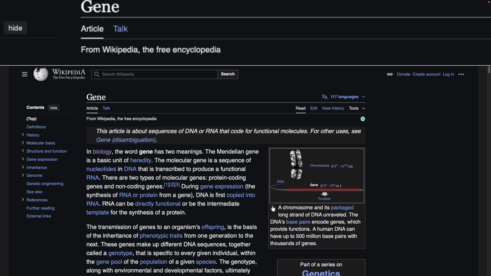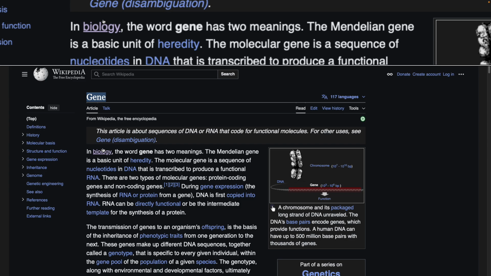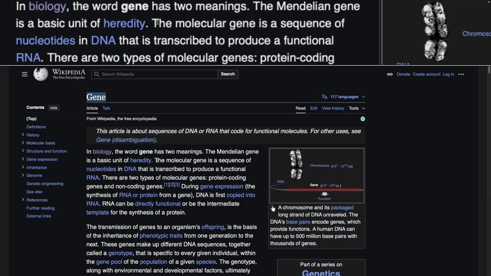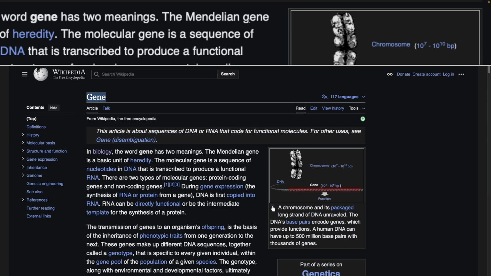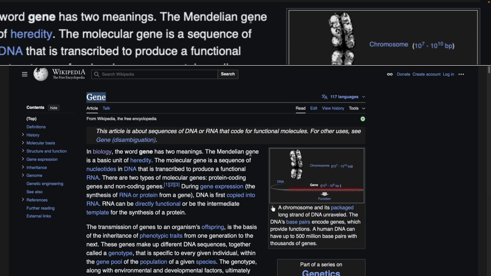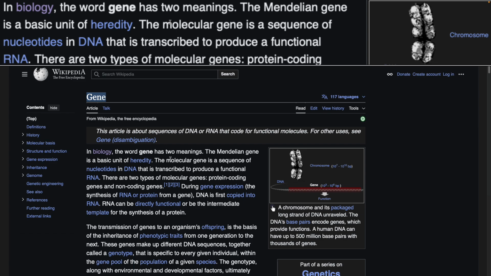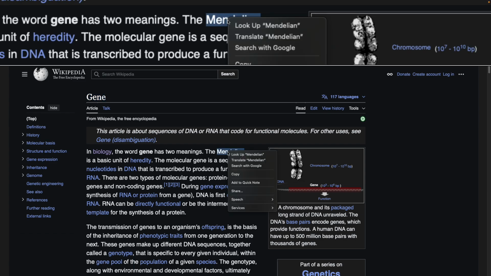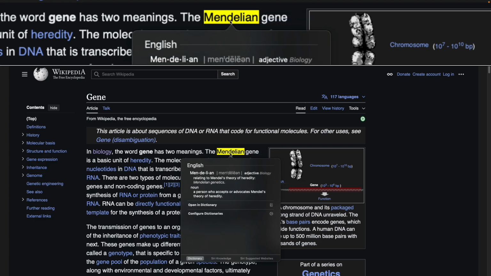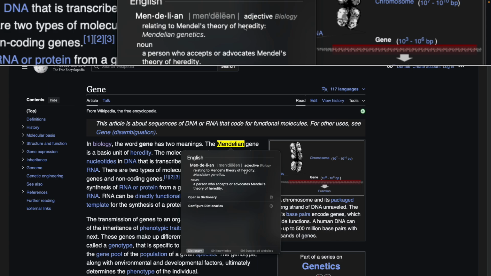Gene, not to be confused with denim. So in biology, the word gene has two meanings. The Mendelian gene is a basic unit of heredity. Mendelian, referring to Mendel's theory of heredity.